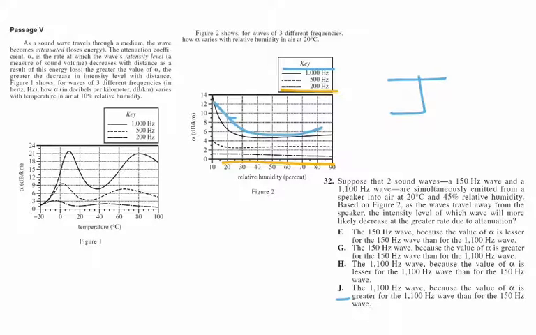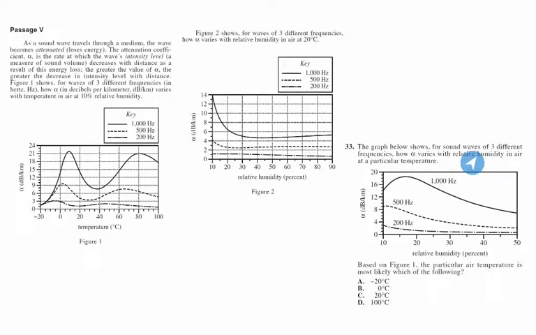Even if that doesn't make total sense, you could eliminate G and H because they state things that aren't true. The 150 hertz wave, because the value of the coefficient is greater. No, the coefficient is greater for the 1100, not the 150. And the 1100 wave because it's lesser, that's not true. So worst case scenario, you get a 50-50 shot between F and J, just knowing which one speaks the truth. Then you have to use a little bit of logic, because it is a suppose question.